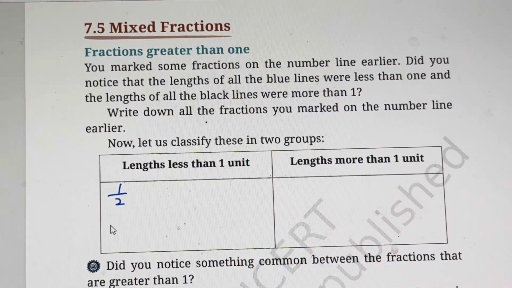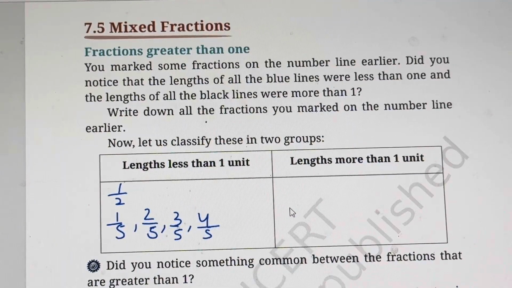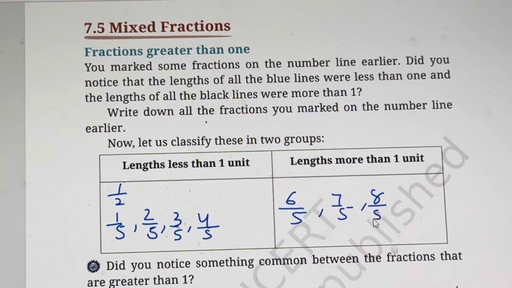Then in the second number line, there was 1 upon 5, 2 upon 5, 3 upon 5, 4 upon 5, right? And the ones with length more than 1 unit were 6 upon 5, 7 upon 5, 8 upon 5, 9 upon 5. Right? This is what we saw in the number line which we learned in the previous class.